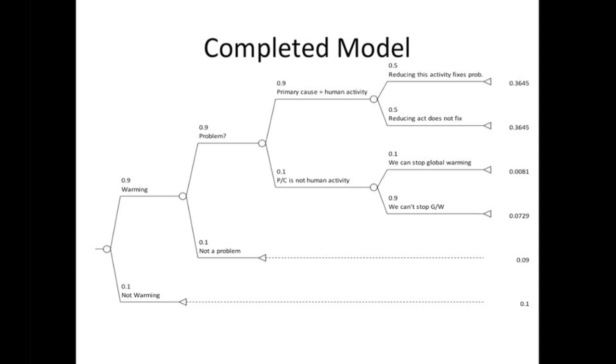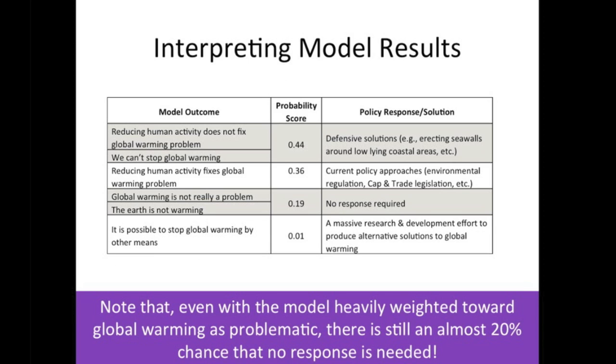Now, to use the products of the probabilities, we've got to assume that each of these 5 events is independent of the others, which may or may not be the case. But as the saying goes, all models are wrong and some are useful. And what we're going to do is essentially interpret those model results by looking at the probability scores.